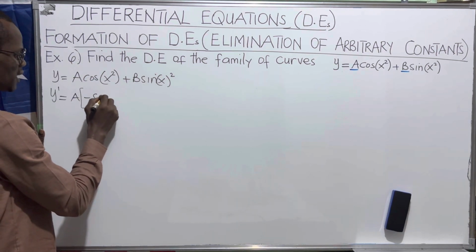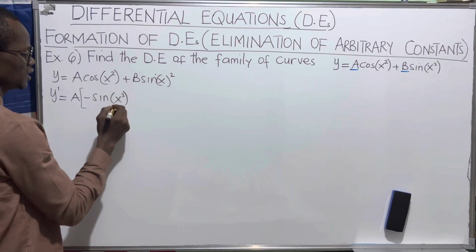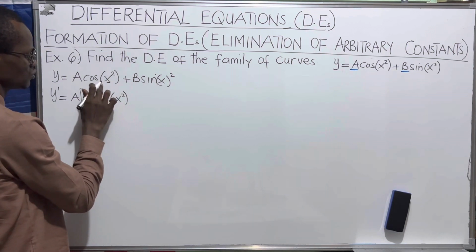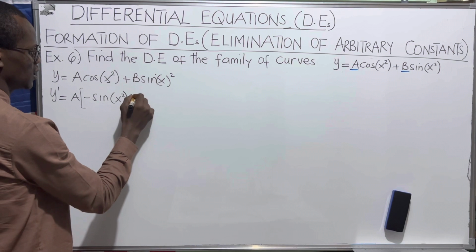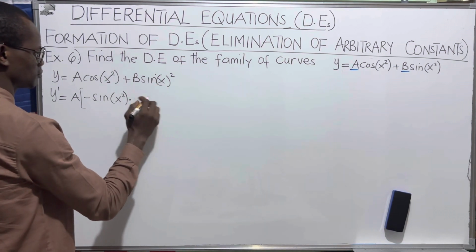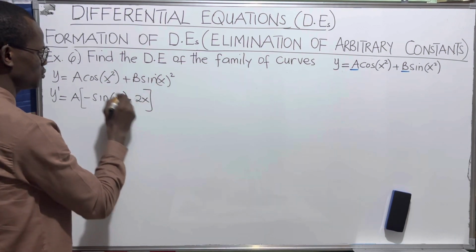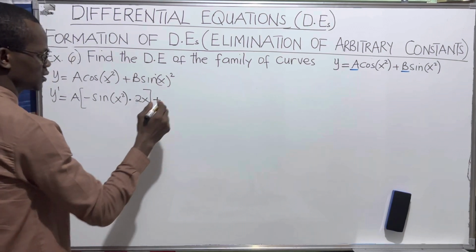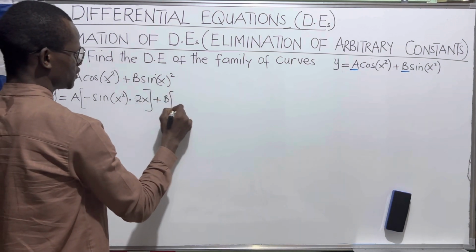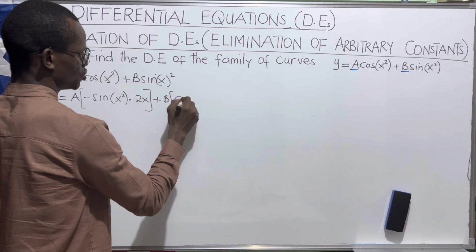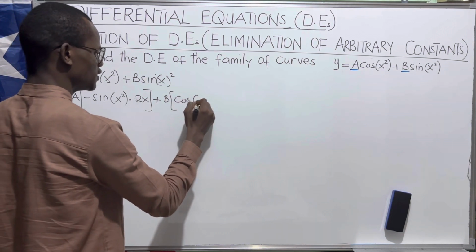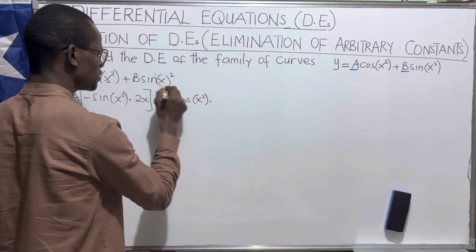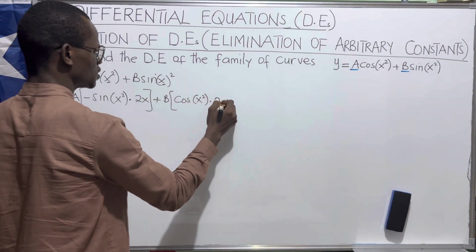The derivative of cos is minus sine of x squared times the derivative of the angle, and the derivative of x squared is just 2x. Plus, we hold on to b and differentiate sine of x squared, which gives cos of the same angle x squared times the derivative of the angle, which is just 2x.